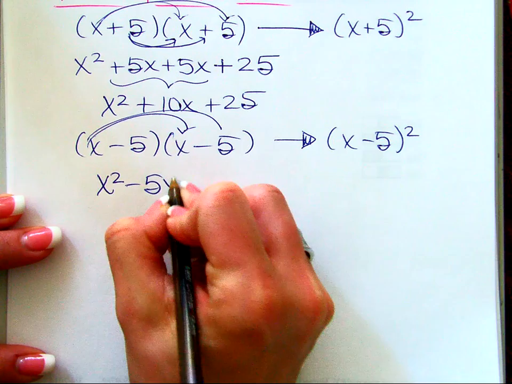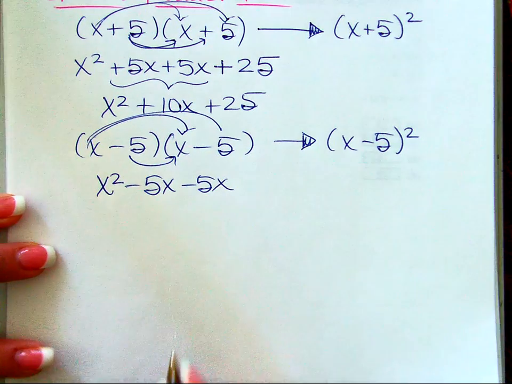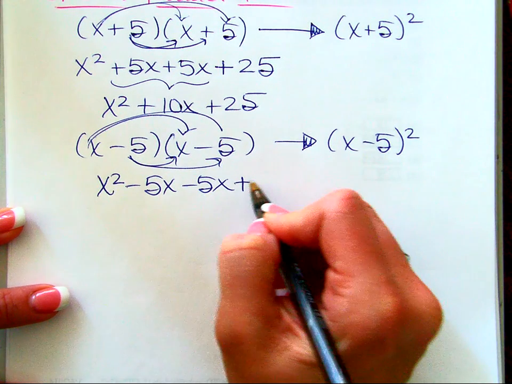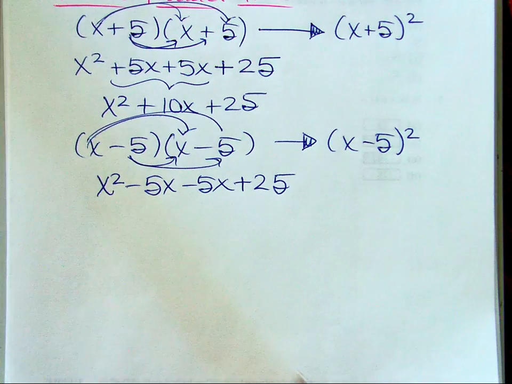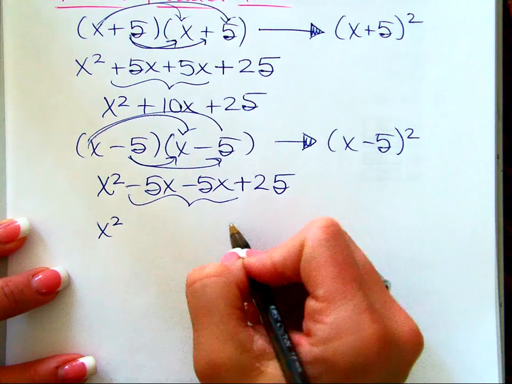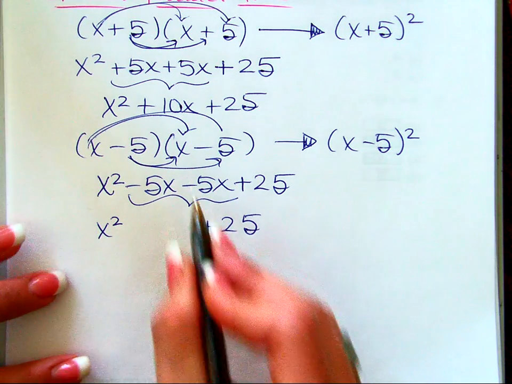X times negative 5 is negative 5x. And then I have another negative 5x. And just like William said, a negative 5 times a negative 5 is a positive 25. So this time when I go to add, you know what's cool? The x squared and the 25 are still the same.